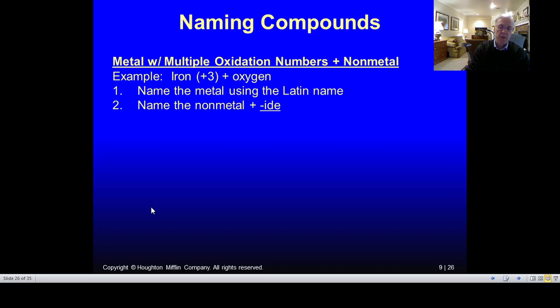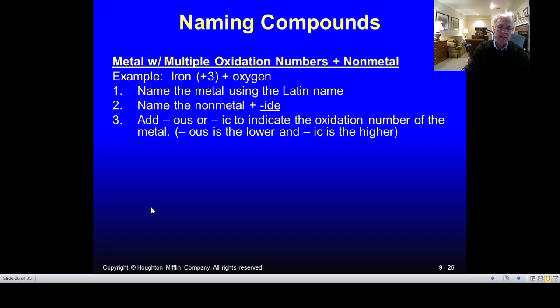You use the regular name for the nonmetal with its ending changed to IDE, and then you add an ending to the Latin word for the metal, adding an ending OUS if it's the lower of the two oxidation numbers, or IC if it's the higher of the oxidation numbers.